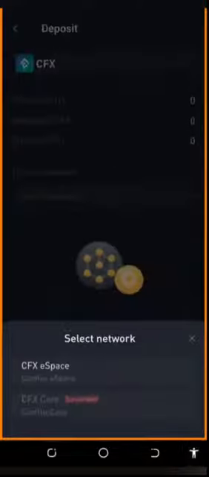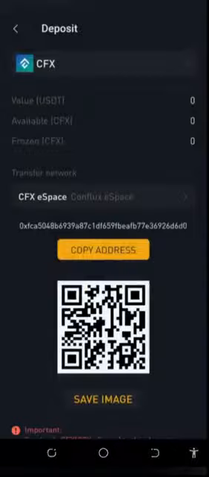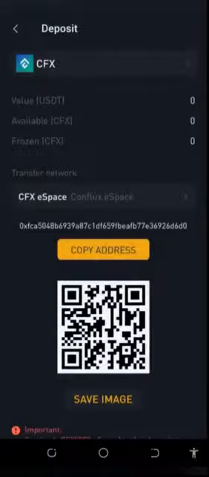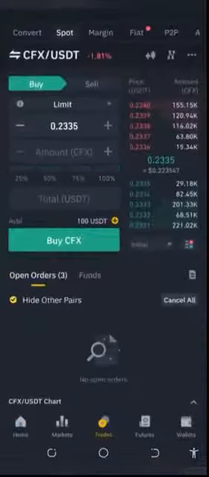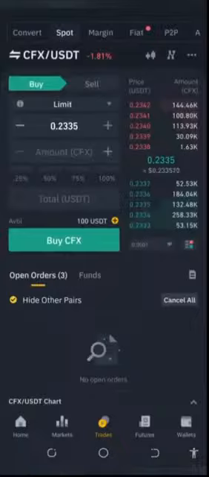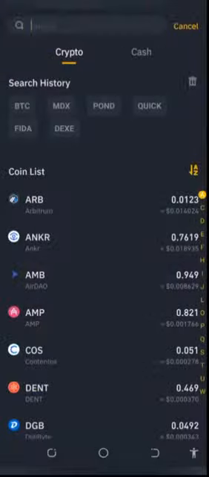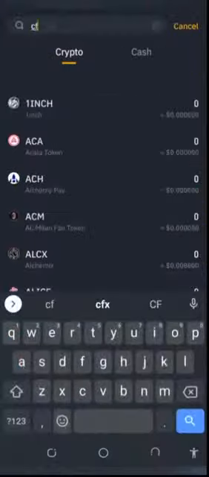Okay, so now let's check this out. I'm going to do a little test to be sure, because I'm not even sure which one. Before I copy the address, let me go and check. What we saw here was Conflux eSpace. So for us to withdraw this, let's look for Conflux, CFX.